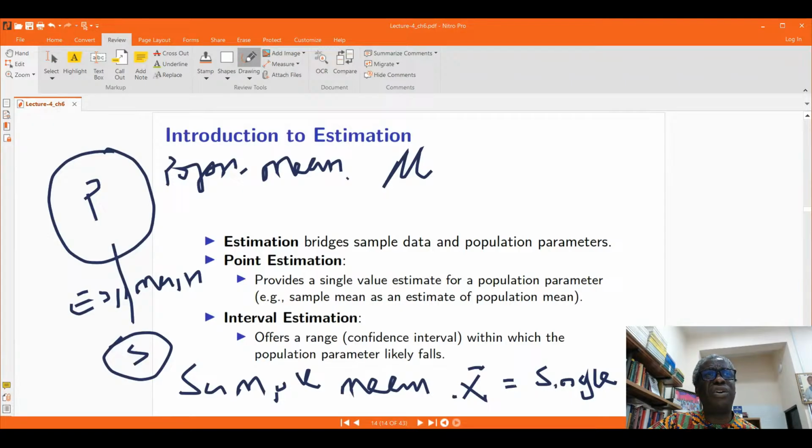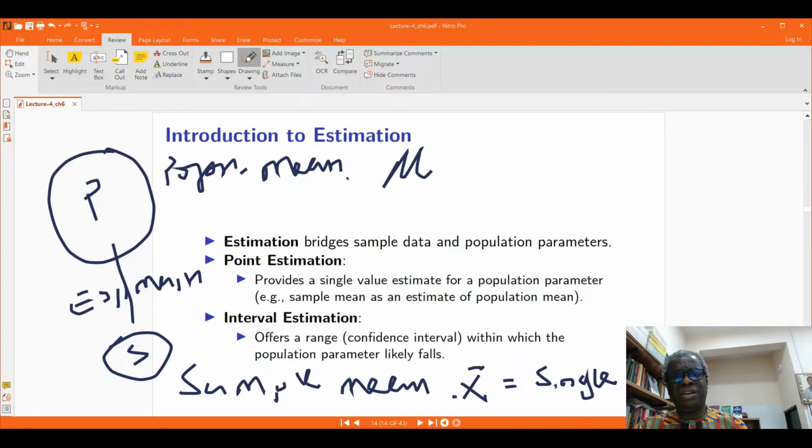We can also talk of other statistics like variance and standard deviation. You can also use sample variance to estimate the population variance. Again, a single value will be used in that instance.